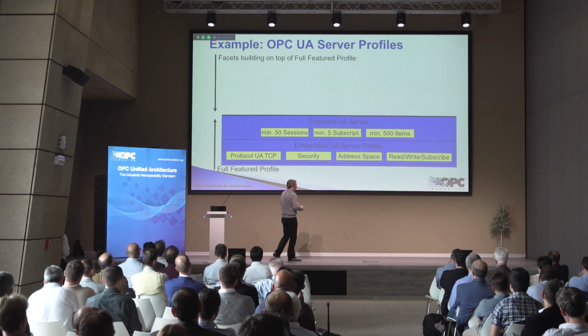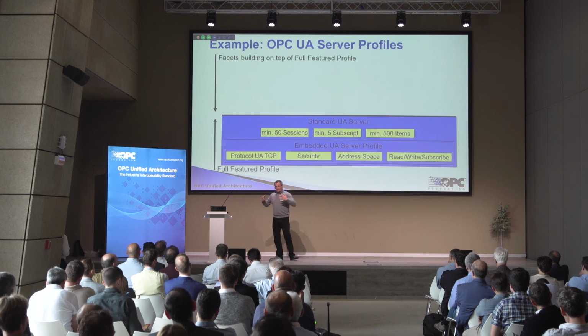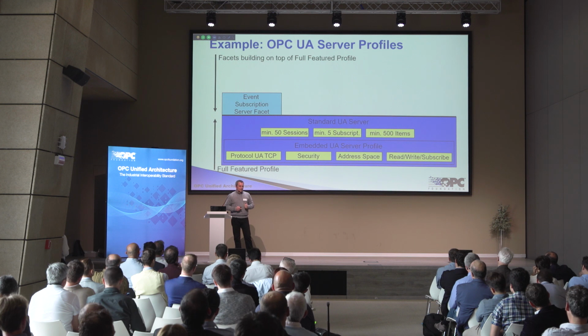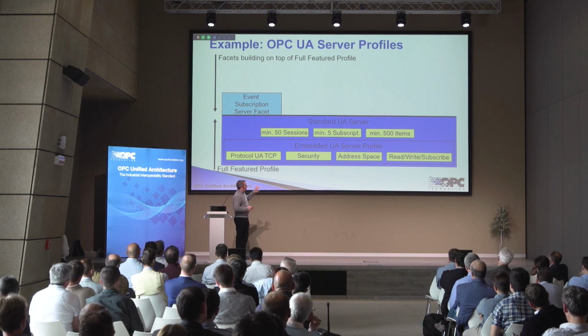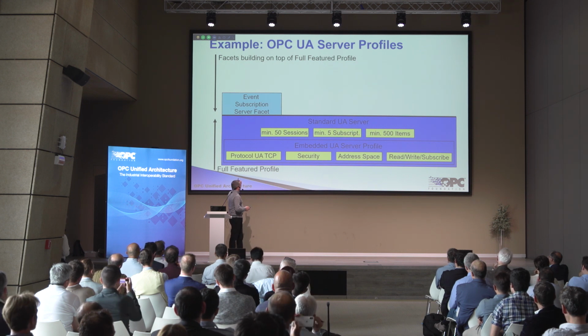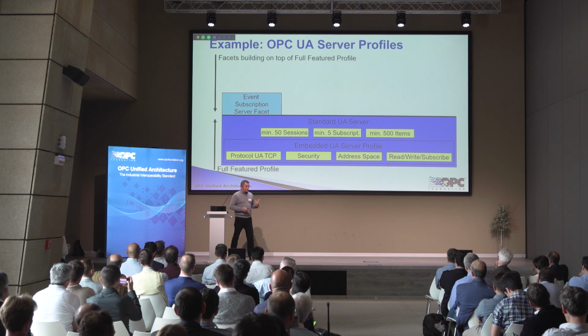And now, this profile we can also extend with functionalities. For example, this event subscription server facet. Now this standard server that can hold 50 parallel connected clients can also do events.